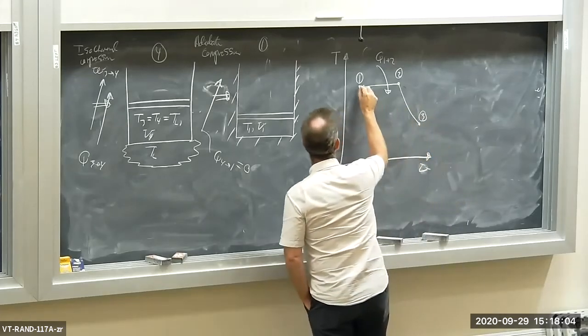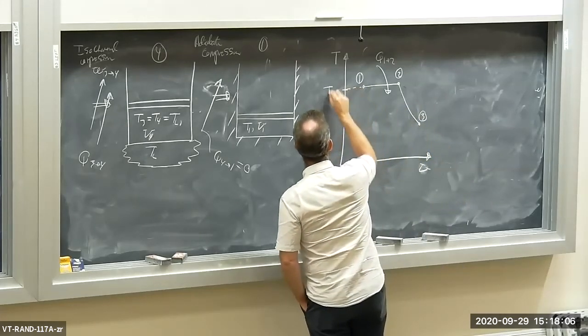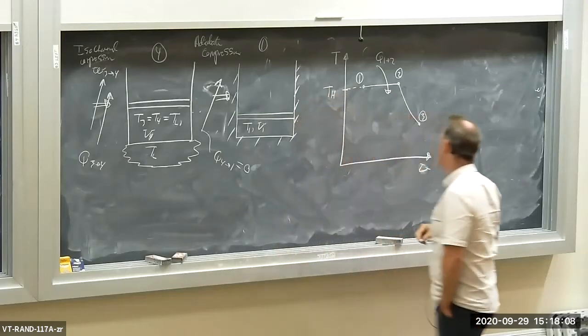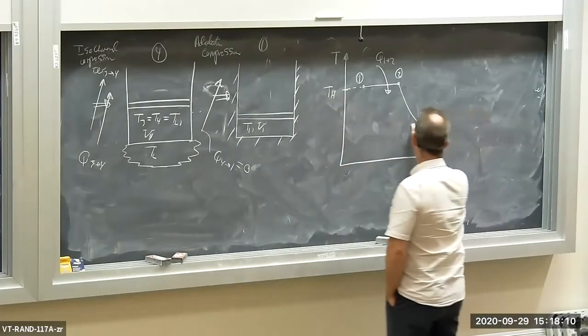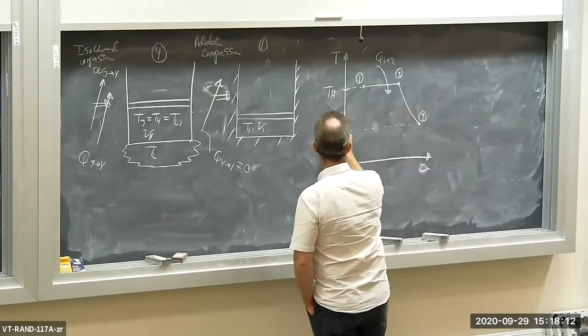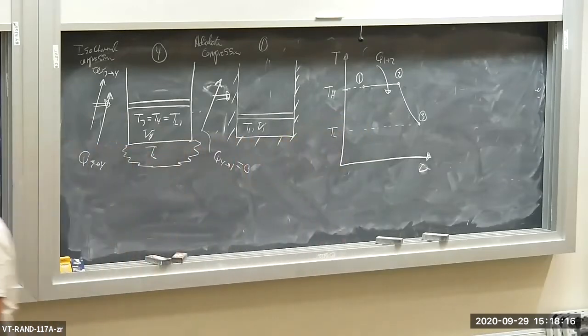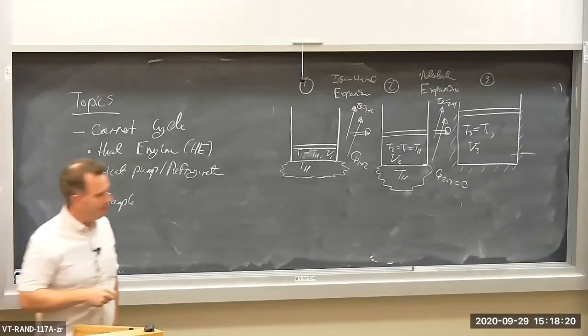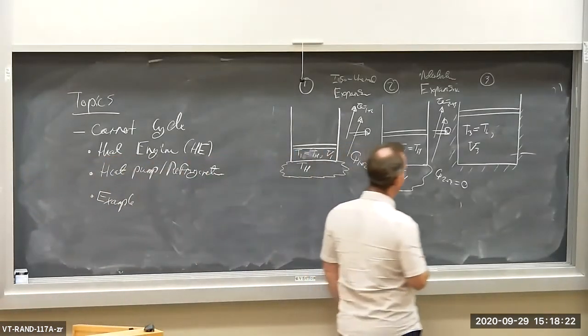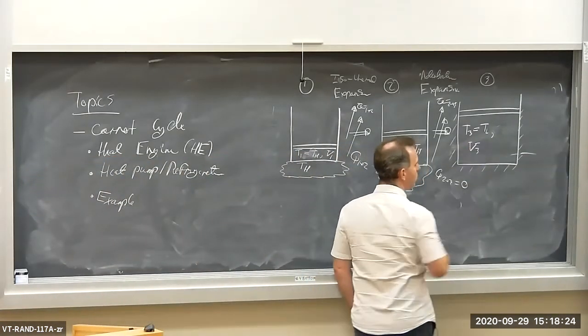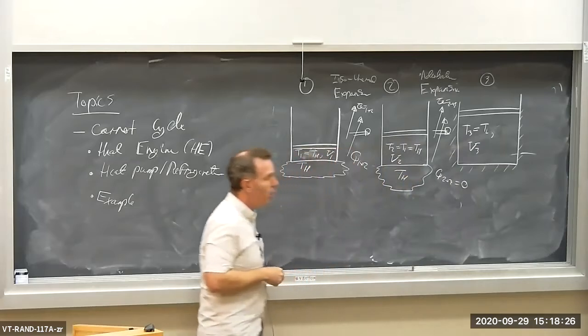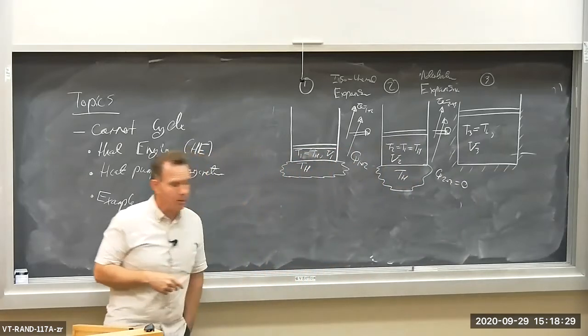By the way, these temperatures here, so this is T high. And down here, we expand it until we get to the low temperature reservoir temperature. Okay? 2 to 3, we expand it until we get to the low temperature reservoir temperature. No heat transfer going on 2 to 3.